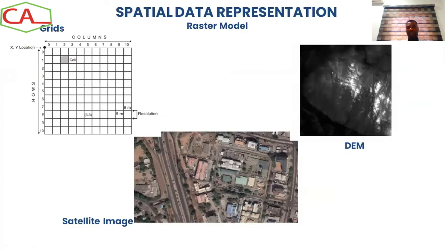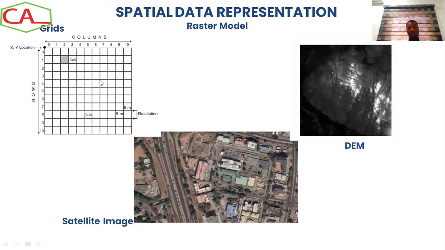Then we look at raster. Rasters are data that are continuous. You see them in grids which are connected by columns and rows in XY.